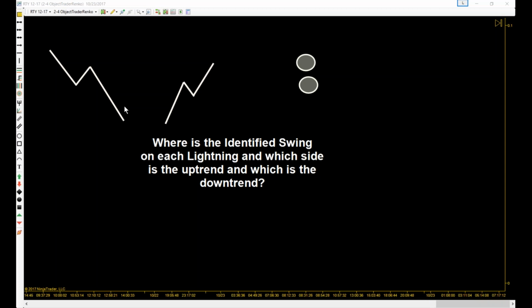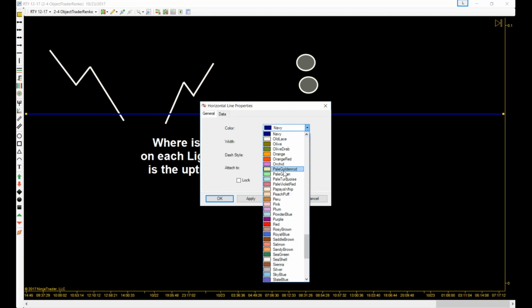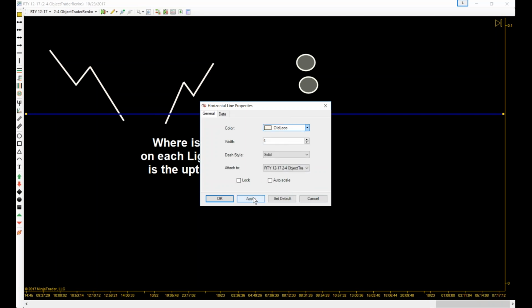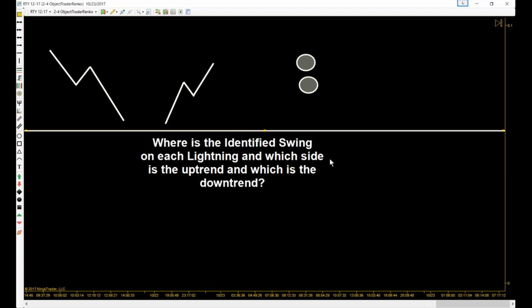Now if this is an uptrend and this is a downtrend, then where's the swing on each of those downtrend and uptrend? You can't really see the pricing and everything because I've got this basically blocked out. So what I'm going to do is I'm going to bring a line onto the chart and we'll turn it white. And I want everybody to tell me where the swing is on both of these charts.